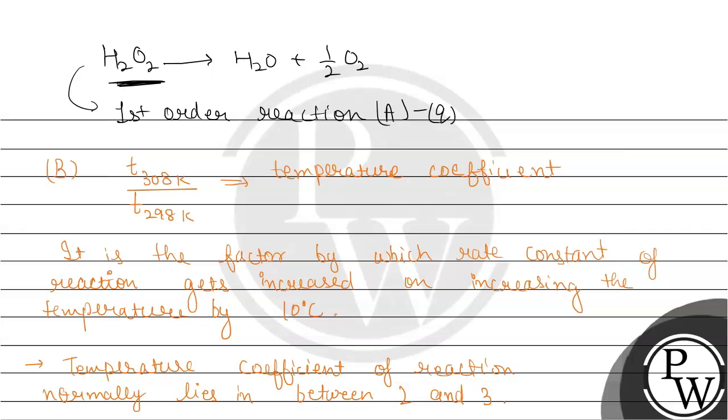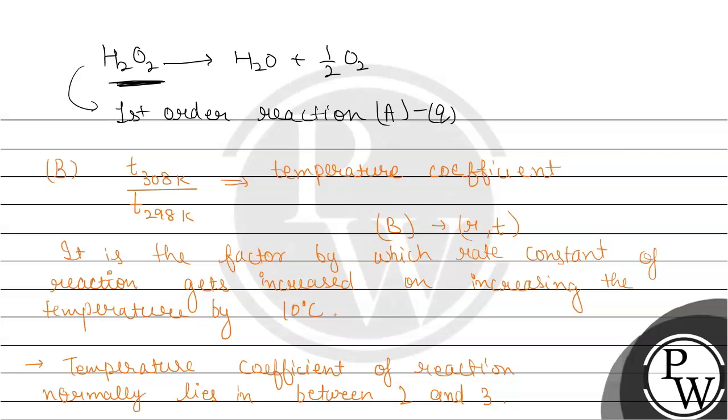So by this we can say जो हमारे पास B है column first का that matches to the R, जो कि है temperature coefficient, and T which is 2 to 3.